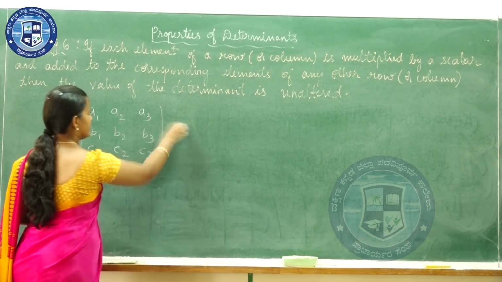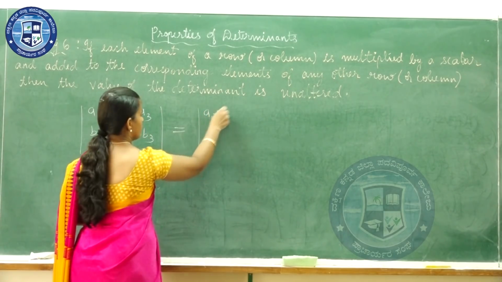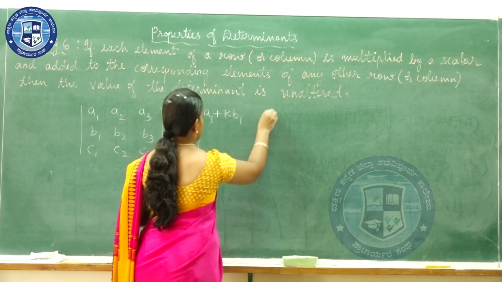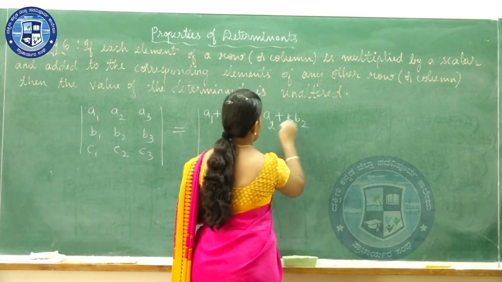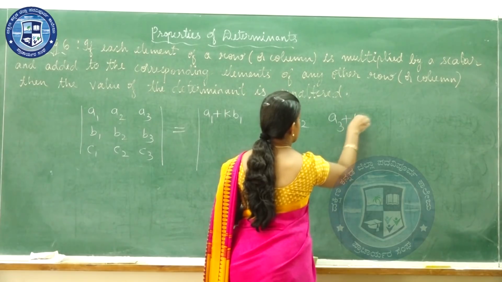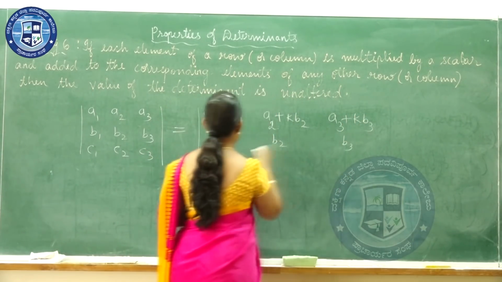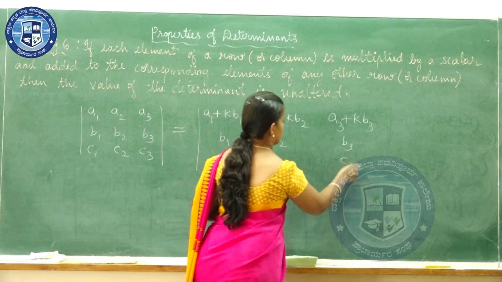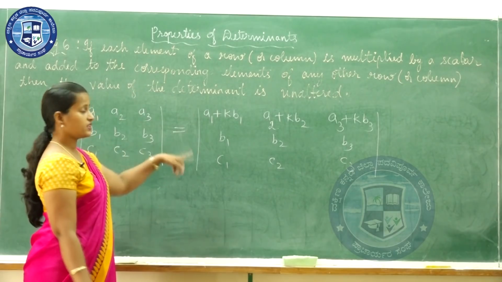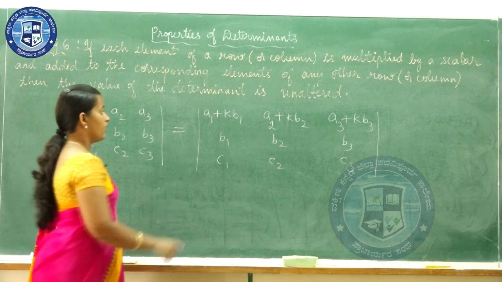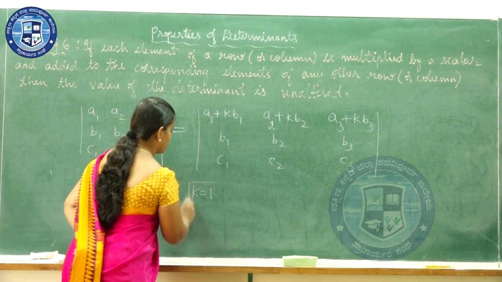So, this determinant is the same as we did just now, A1 plus KB1, A2 plus KB2, A3 plus KB3, B1, B2, B3, C1, C2, C3. So, this is what property 6 is saying. It is saying that these two determinants are same. Now, what if k is 1? What if k is equal to 1?